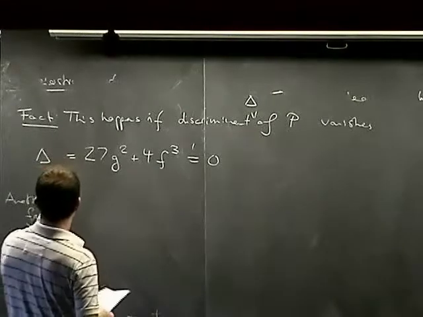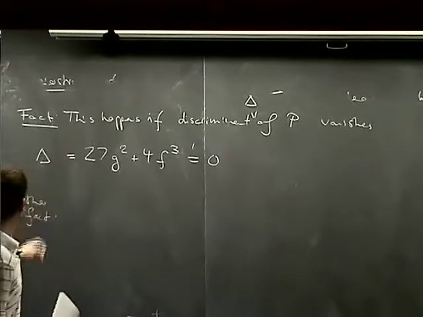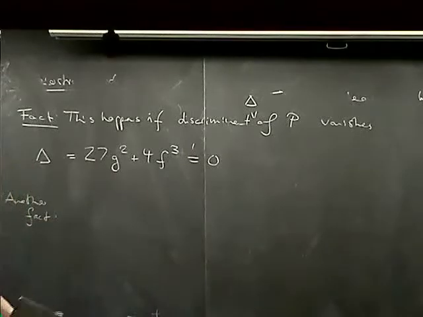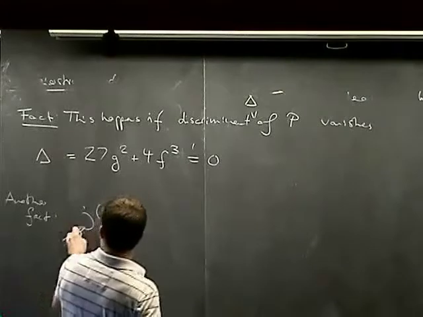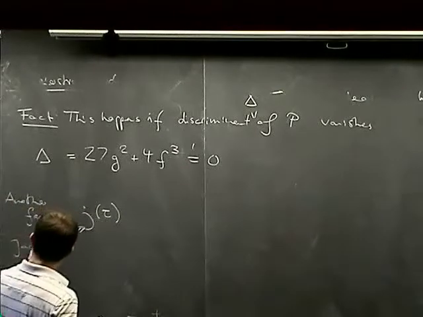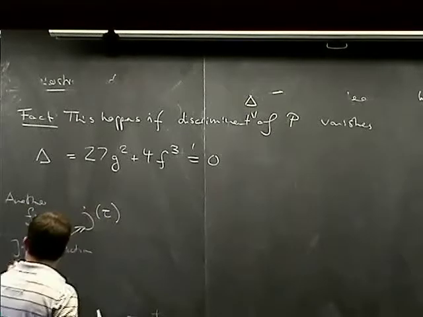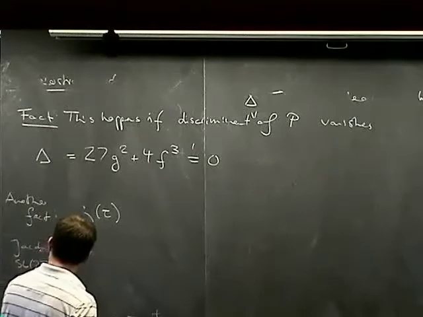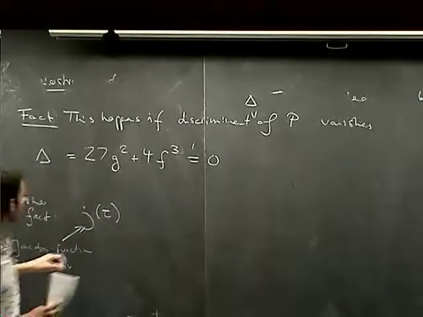in the following manner. Tau itself is not a good coordinate because it's not SL(2,Z) invariant, but one can define an SL(2,Z) invariant function, the Jacobi function J of tau. This is a horrible object. It's SL(2,Z) invariant, and it contains an awful amount of theta functions.